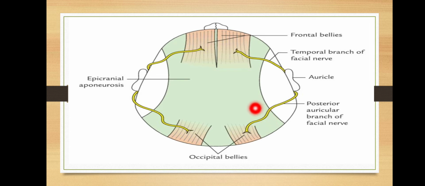Okay, so the facial nerve will have some branches. In that, the temporal branch is supplying the frontal bellies, and the posterior auricular branch supplying the occipital bellies. So these are the motor nerve supply of the scalp.